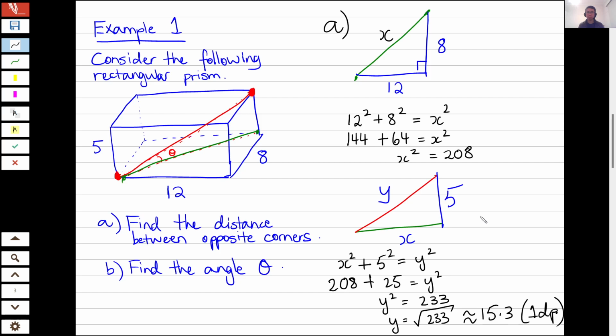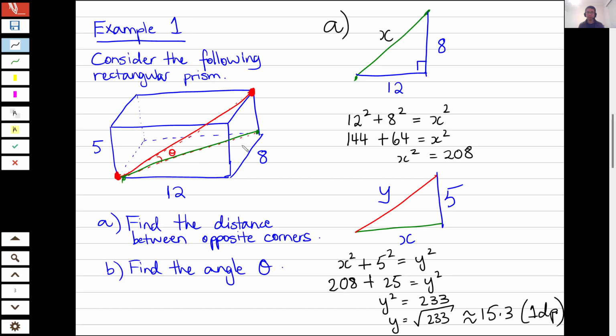Okay, so that's it. That's all we needed to do to find the length between opposite corners in this rectangular prism, the red line. That's part A. Part B is asking for the angle between the line segment joining opposite corners and the base.